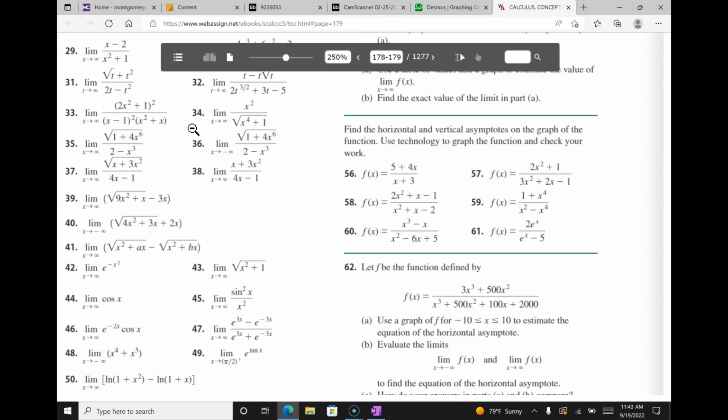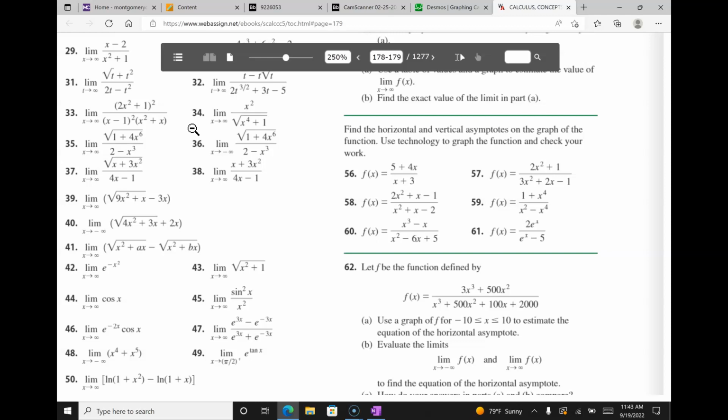Look at 33. What's my mother function upstairs? 4x to the 4th. I'm doing that in my head. Downstairs is x to the 4th. I'm going to get an x squared from the first piece in 33, and x squared from the second piece. When I multiply them together, I get x to the 4th.